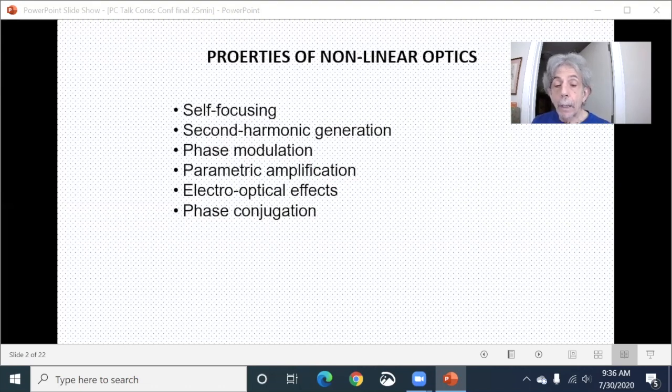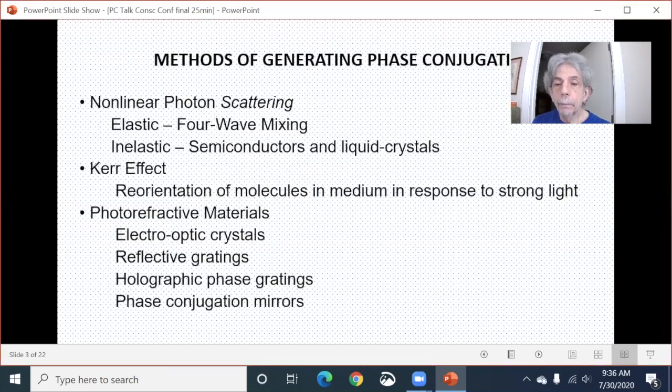So the various methods available in the literature for generating phase conjugation are based mostly on nonlinear light scattering phenomena, whether elastic or inelastic. When it's elastic, the name is four-wave mixing, which is another way to generate phase conjugation. If it's inelastic scattering, it occurs in materials like semiconductors and liquid crystals.